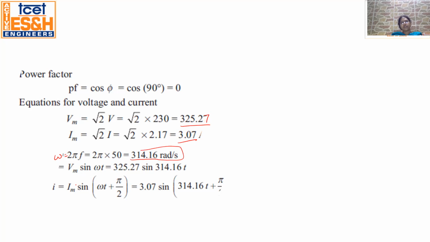Now you put into the equation: V equal to Vm sin omega t, which is 325.27 sin 314.16t, and I is equal to Im sin(omega t plus pi by 2), equal to 3.07 sin(314.16t plus pi by 2). So this is the complete answer.